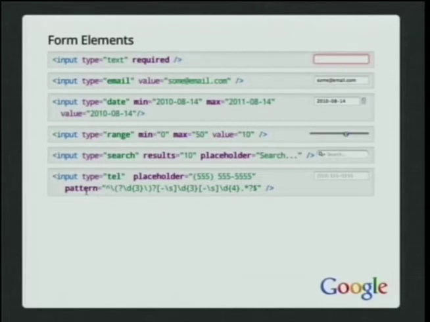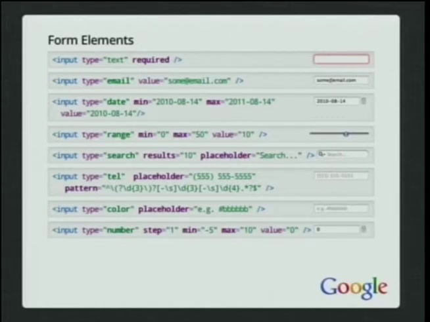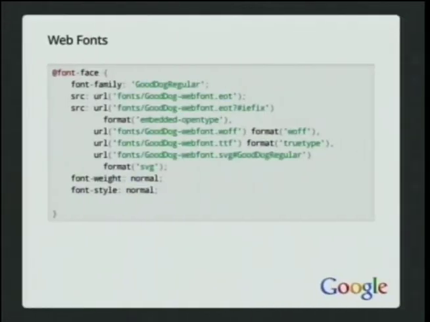The regular expression will validate the user input, so you don't have to go and do it again multiple times. It'll do it before the form is submitted. Colors and numbers. So there's a bunch of new ones. And because they're just going to fail back to text boxes, hey, those just work. You can use those without any fallbacks or any polyfills.